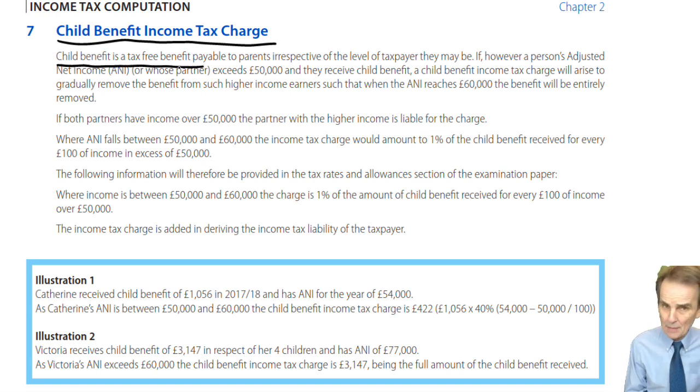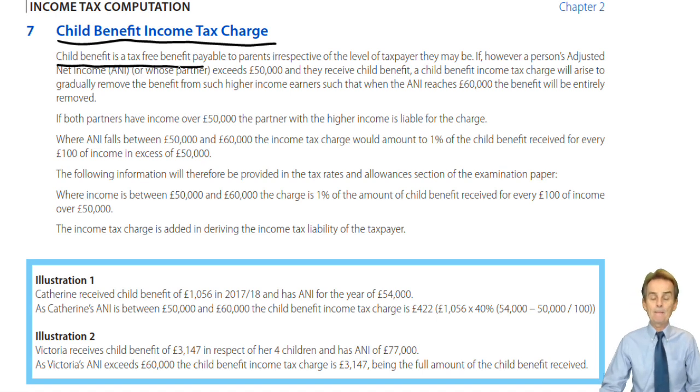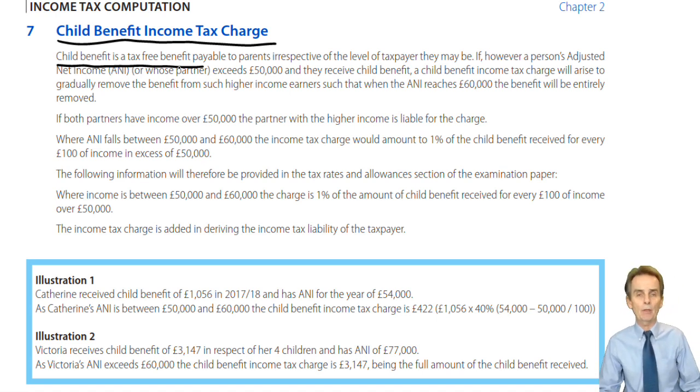It's a tax-free benefit that used to be universal and to an extent still is, by which we mean, irrespective of the level of taxpayer that you are, you are able to be provided with this particular state benefit. But until relatively recent times, that was it. Whether you were a basic rate taxpayer, a higher rate or even an additional rate taxpayer, everybody got the same and it was an exempt benefit.